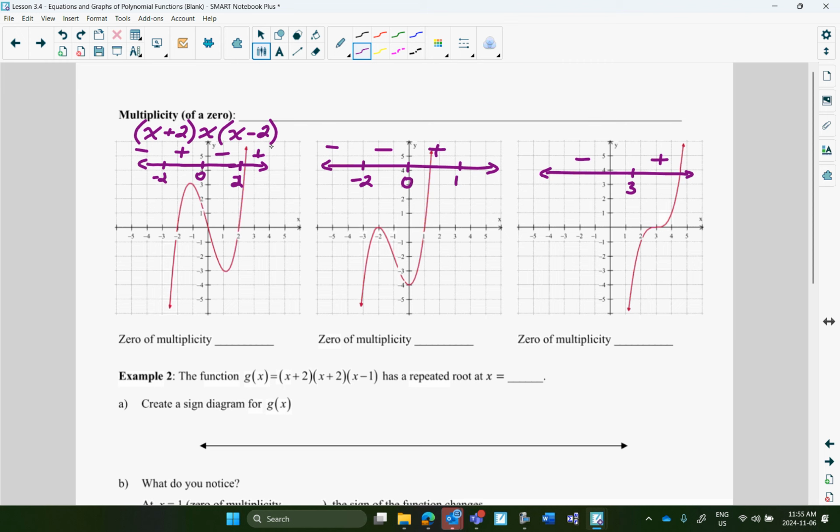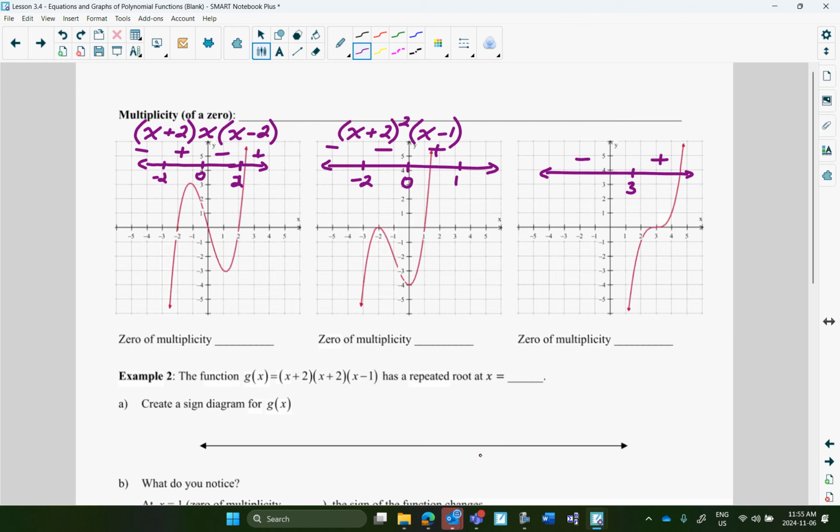This one would have the equation x plus 2 squared times x minus 1. Notice something? That's the equation of this. Because it bounced back at -2, that means that there's 2 plus 2's.